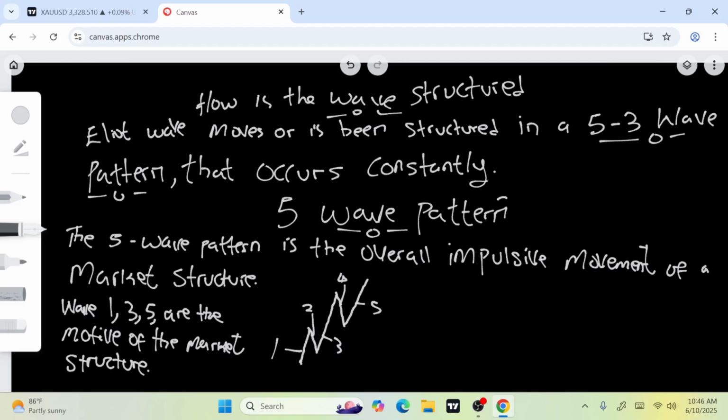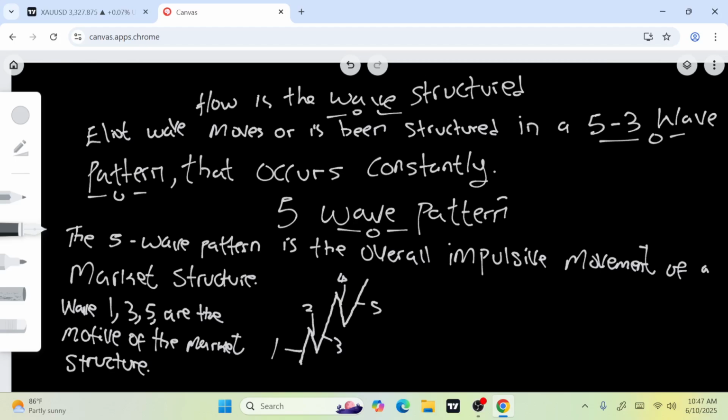What does that imply? It implies that whenever you have a trendy market to the upside, your wave 1, 3, and 5 move alongside the impulse, that is, with the motive of that trend. Are you following? Now, that is for 1, 3, and 5.